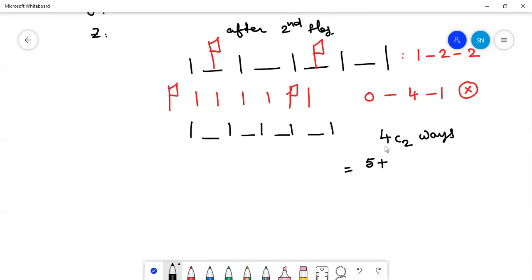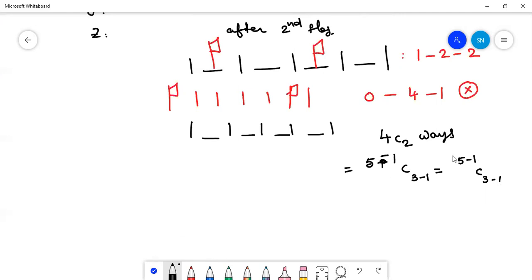Here 4 can be expressed as 5 minus 1, and here 2 is 3 minus 1. When you have 3 variables involved in the equation, you need 2 flags, that is 3 minus 1. Suppose 4 variables are involved, then we need 3 flags, that is 4 minus 1. So in general, in this case, you can write it as 5 minus 1 C 3 minus 1.